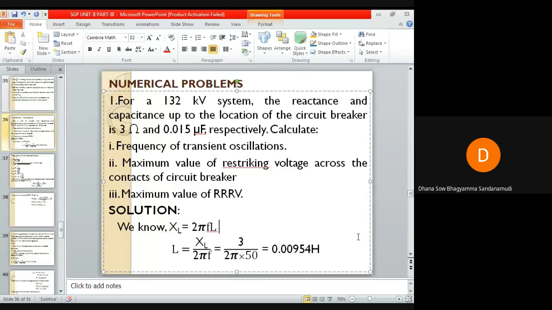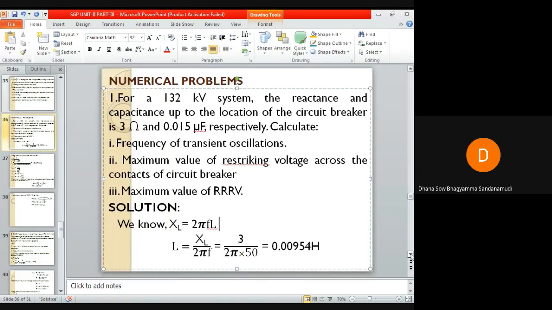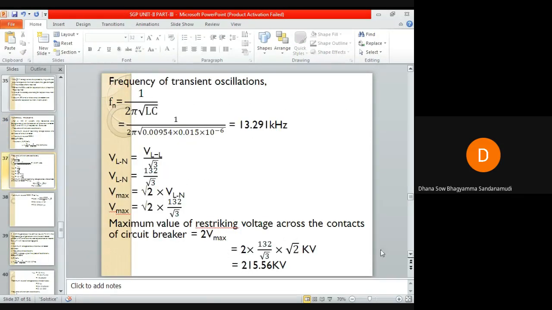Then let us determine the frequency of transient oscillations. You already know the formula: Fn is equal to 1 by 2 pi root LC. The C value is given in the problem, 0.015 microfarad. The L value we have just determined, 0.00954 Henry.